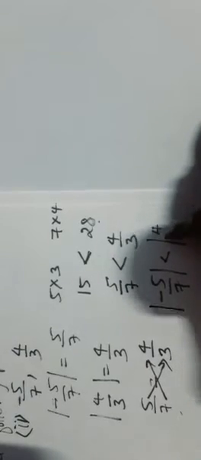Which is greater, children? 28 is greater. Therefore, we put the greater symbol to 28. In this way, we can say that 5 by 7 is less than 4 by 3. In the same way, the modulus of minus 5 by 7 is less than the modulus of 4 by 3.